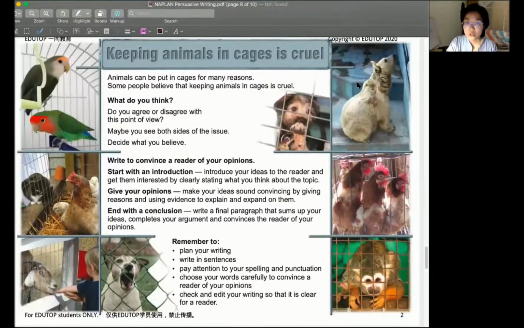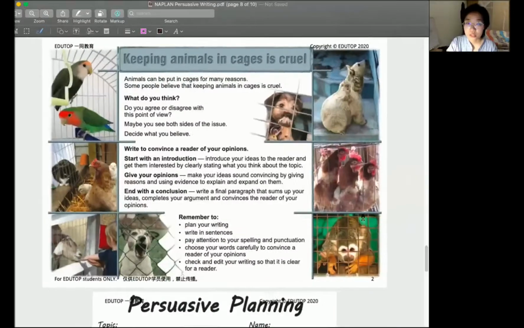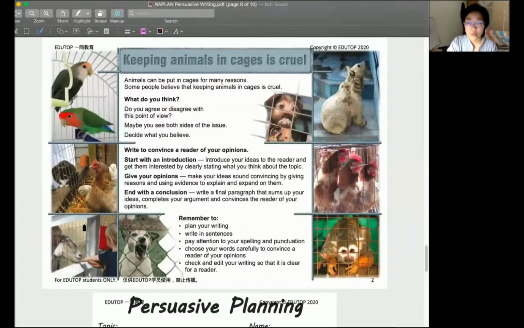Also, what I want to point out is the pictures right over there. When you first think about this question, animals in cages, how can animals be in cages? Maybe you keep them as a pet, like this pair of parrots. Or you keep them on a farm. That's how you would keep those animals, right?